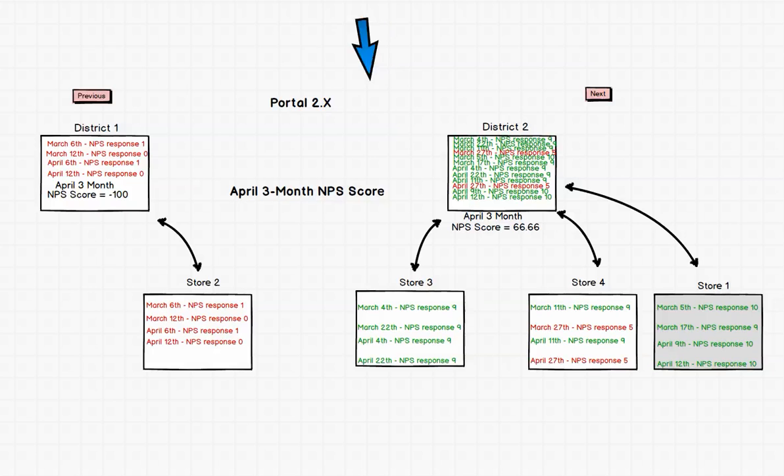With the way that the current 2.0 portal works, we can see how there's a need to calculate this the way the financials work, because when Store 1 moves, all of a sudden District 2's score jumps up from this move, and District 1's score drops from this move.